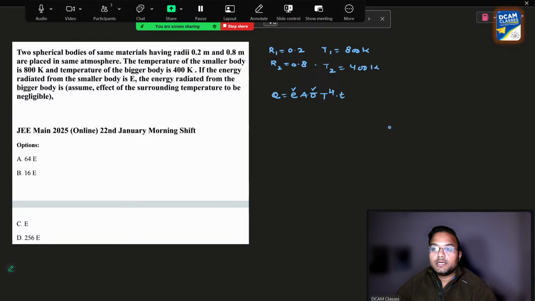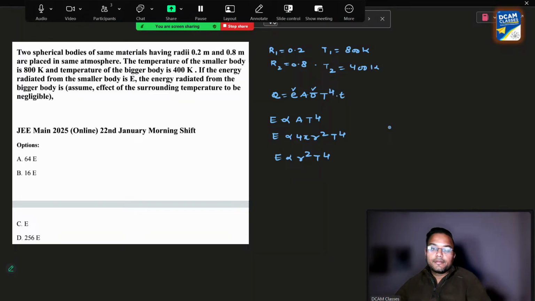So I can write E is proportional to A into T power 4, that is, proportional to 4 pi r square T power 4. 4 pi is again a constant, so E is proportional to r square T power 4, where r is the radius. For the first one, E1 is proportional to r1 square T1 power 4. For the second one, E2 is proportional to r2 square T2 power 4. E1 is E, as they have given.